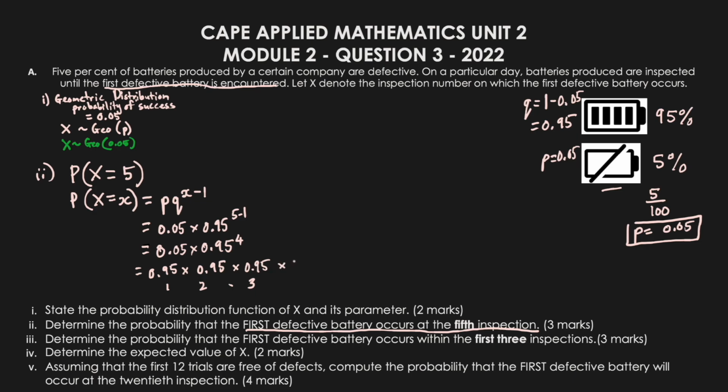There's a fourth time we didn't find any defective batteries, but then on our final and fifth time we found a defective battery. So on the fifth chance, that is when we found a defective battery. So that is why you see 0.95 to the power of 4 from the formula. There were 4 times that we actually found only good batteries, and there was this one time that we actually found a bad battery, and that was on a fifth chance.